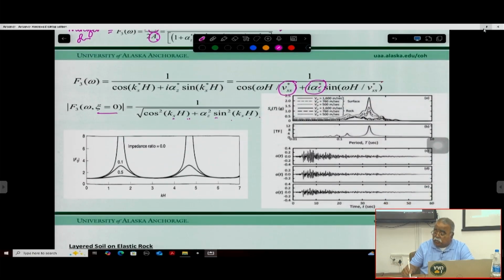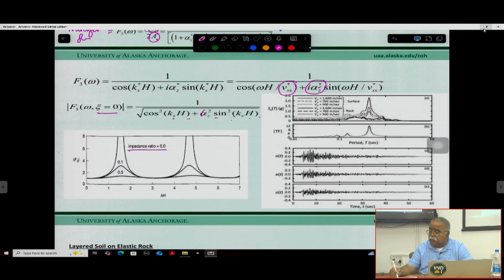If you put the F3 this one, so at impedance ratio, if it is 0.0, impedance ratio means it's basically the alpha z, right? So if alpha z is 0.0, then this will be equal to sin square kh and sin square ksh, and that means this part will be equal to 0.